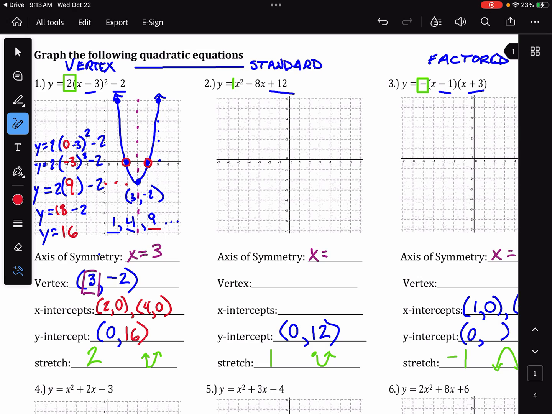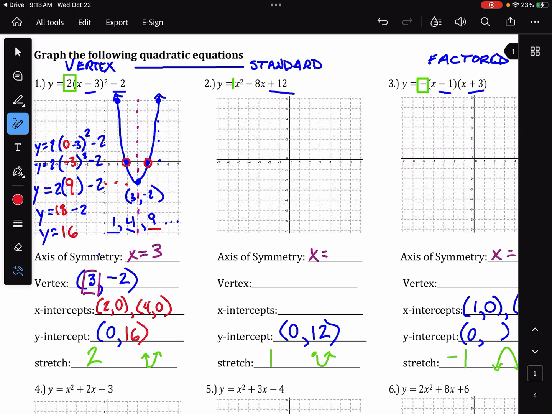Now we've got our standard form. Couple different ways you could go about this. You could factor and move it and get your x-intercepts and then work backwards from there. Or you could complete the square and get your vertex out of it.